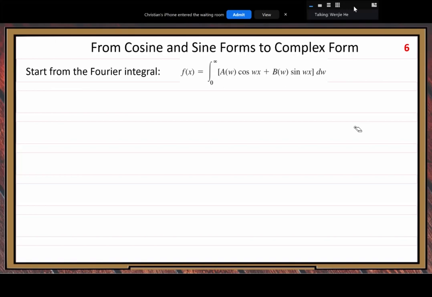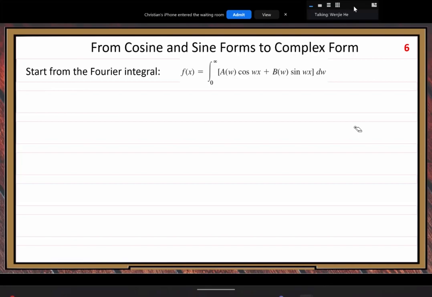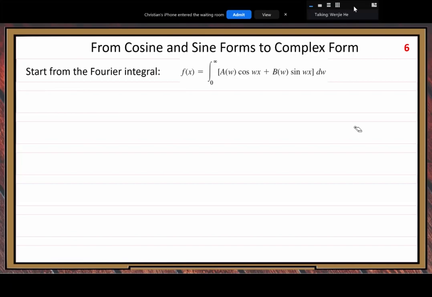This simple fact sometimes is useful, because in general, our function may not be an even function or an odd function. The arbitrary general function is non-even, non-odd.